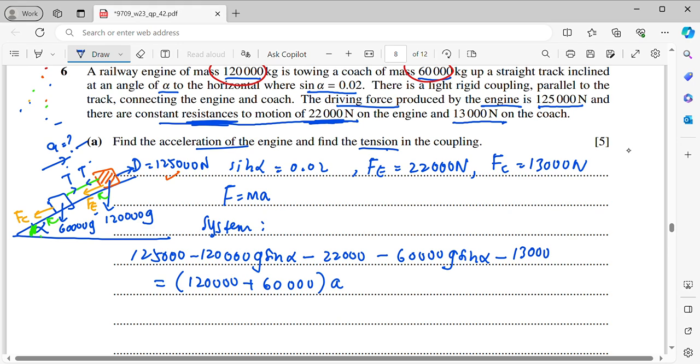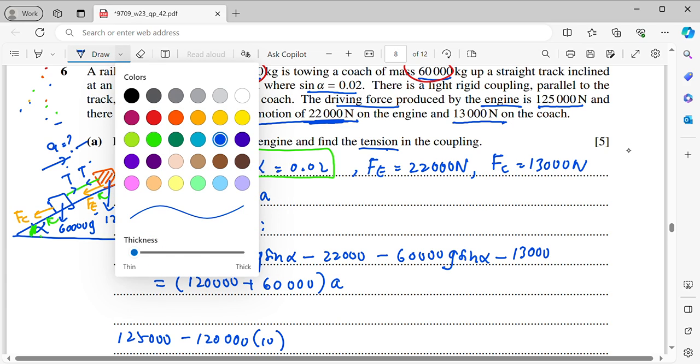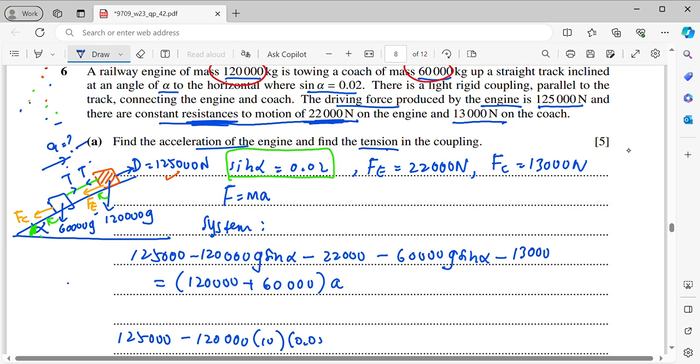Now, when I replace the values: 125,000 minus 120,000 times the g is 10, sine alpha is given here. Sine alpha 0.02. Then now you replace it by 0.02. Then minus 22,000 minus 60,000 times the g is replaced by 10.